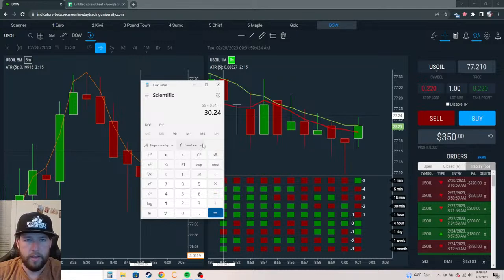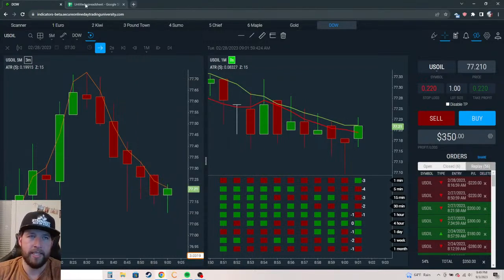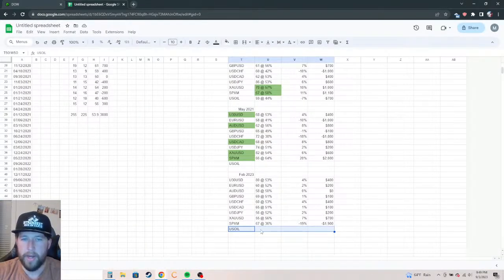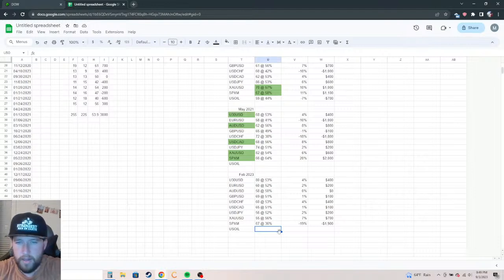Okay. 56 minus 30. So my percentage is the difference between these two numbers right here, 30 and 26. So 4% return on investment on this single pair, making all those trades for this month.